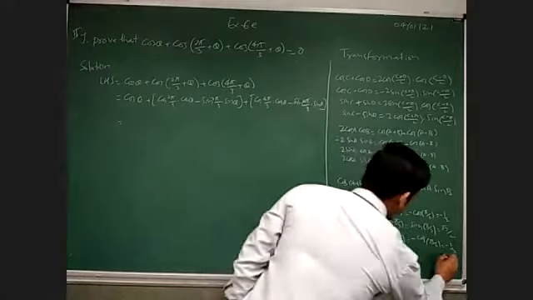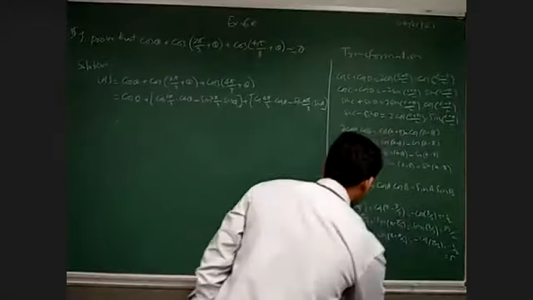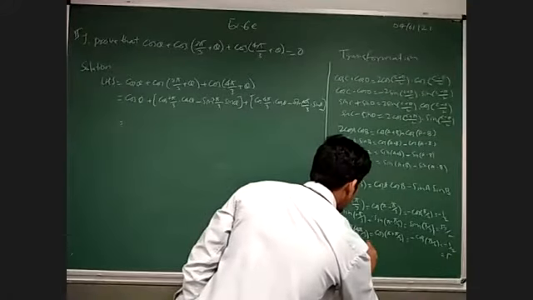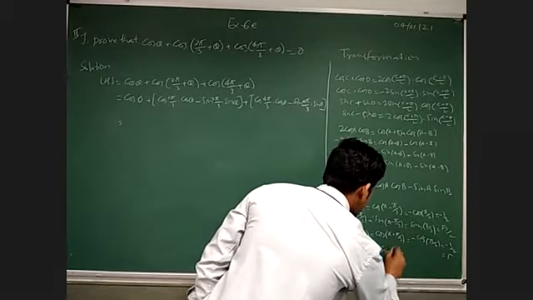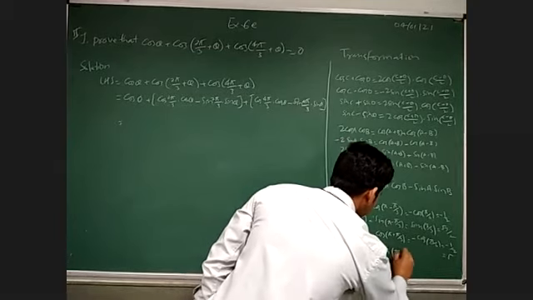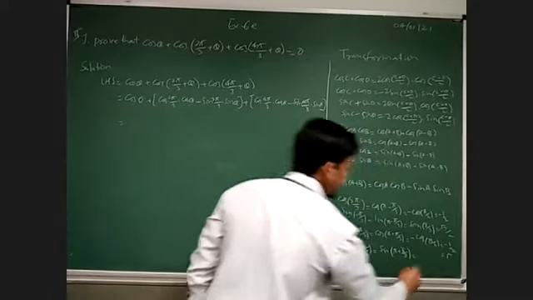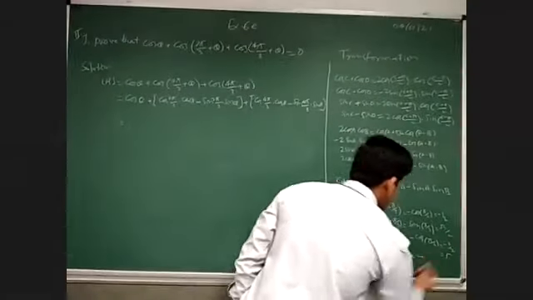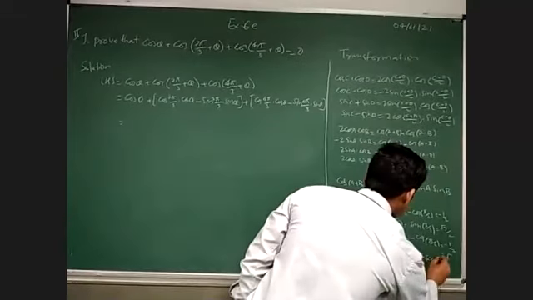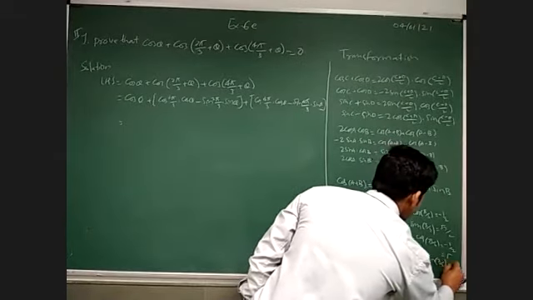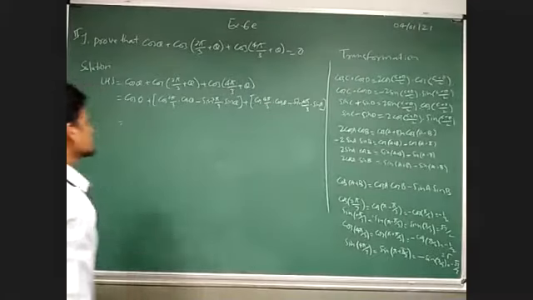And sin 4 pi by 3 is sin(pi plus pi by 3); sine is negative in the third quadrant, so it is minus sin pi by 3, that is minus root 3 by 2. Okay, so we got all the values.